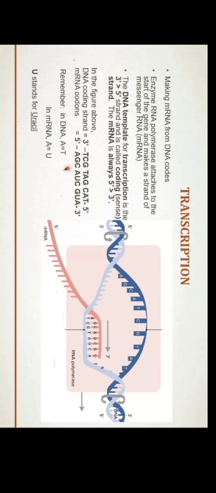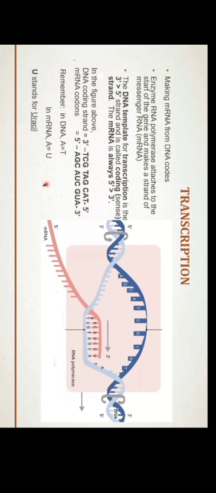And here, class, as you have observed, you cannot see thymine in mRNA codons, and it is replaced by uracil. So the partner of adenine in mRNA would be uracil, not thymine.